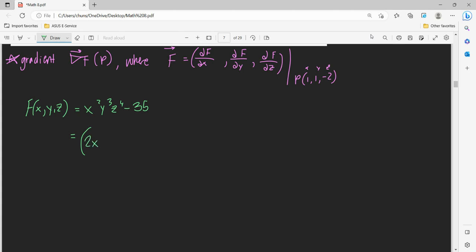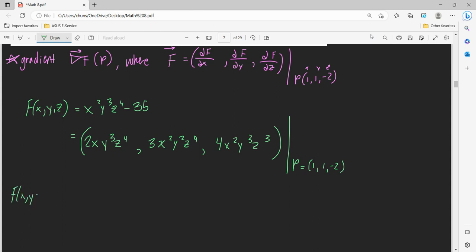So this will be 2x. In our first one, this is 3x squared y squared z to the 4. And finally, this is 4x squared y cubed z cubed. And we're going to do this at point 1, 2, and negative 2.